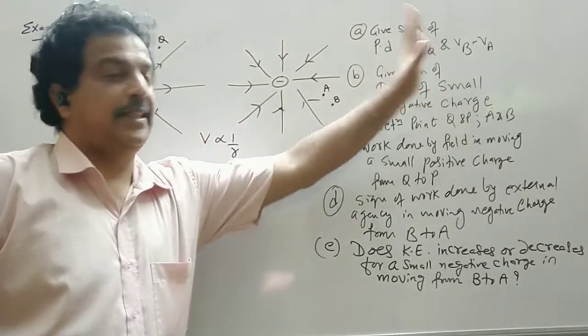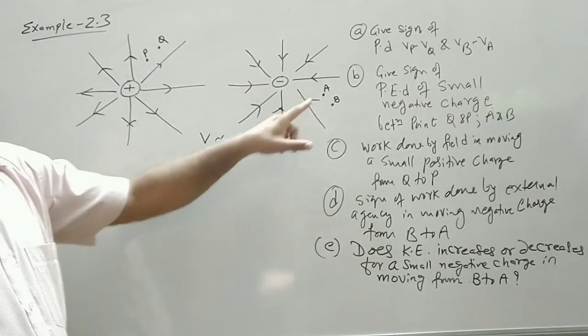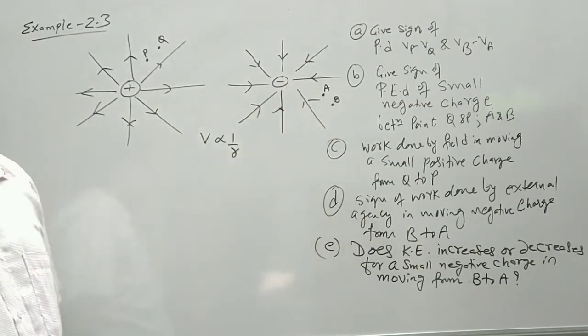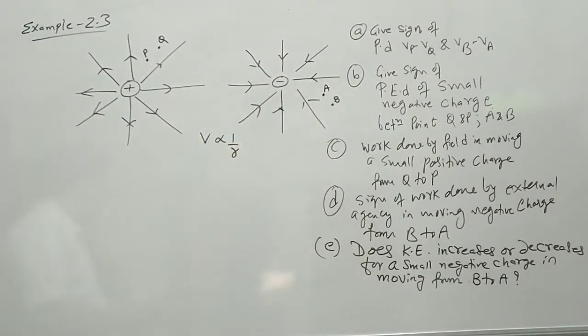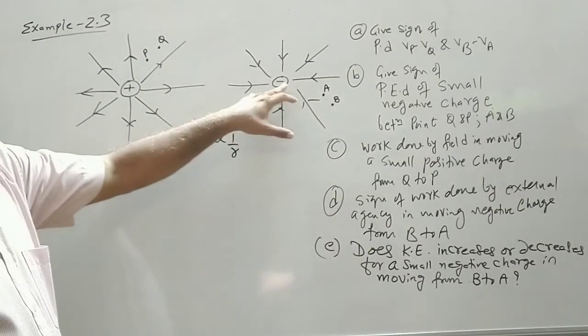Same case with B and A. A is near, so its potential comes out to be greater than B. But here the source is negative, so you are moving against the field and you have to stop in between. You can say that we have a negative source.